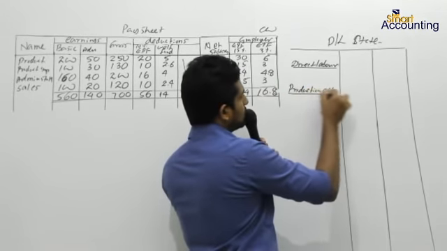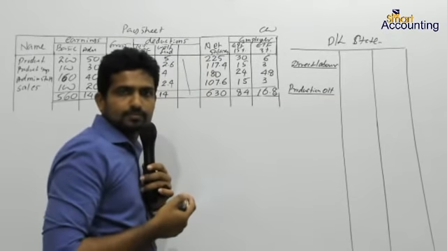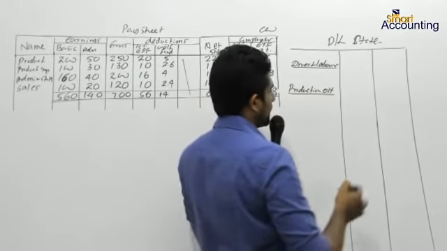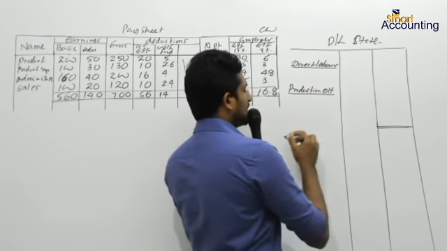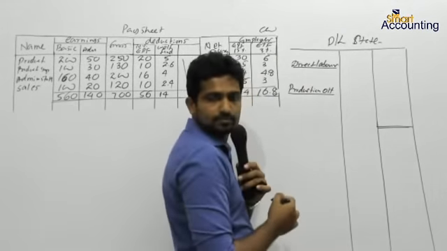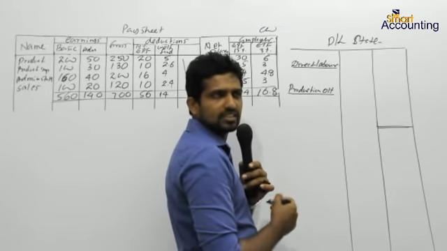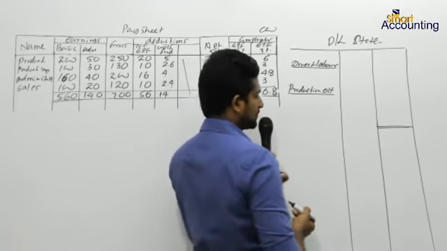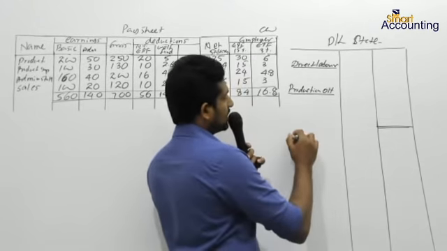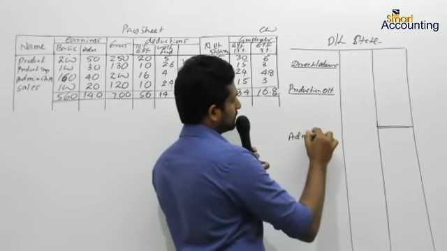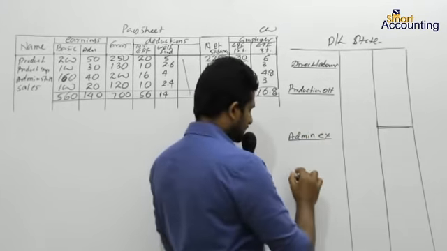Under the production overhead cost also the indirect labor is there. Right? Then the manufacturing account is over. But in the trading account part, we don't see any labor cost. When it comes to the profit and loss section, there are administration expenses. And there are distribution expenses.